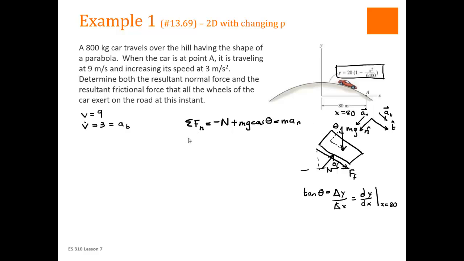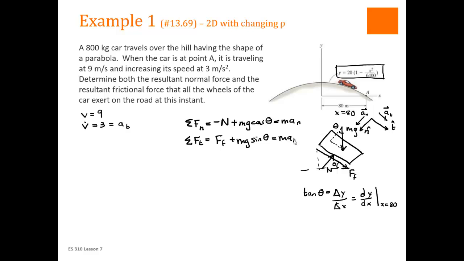And we've got the sum of forces in the tangential direction. So F_F, which is positive, pointing downwards in the same direction as T, plus we've got mg sine theta, also positive, pointing in the direction of T, is equal to mass times the acceleration in T.